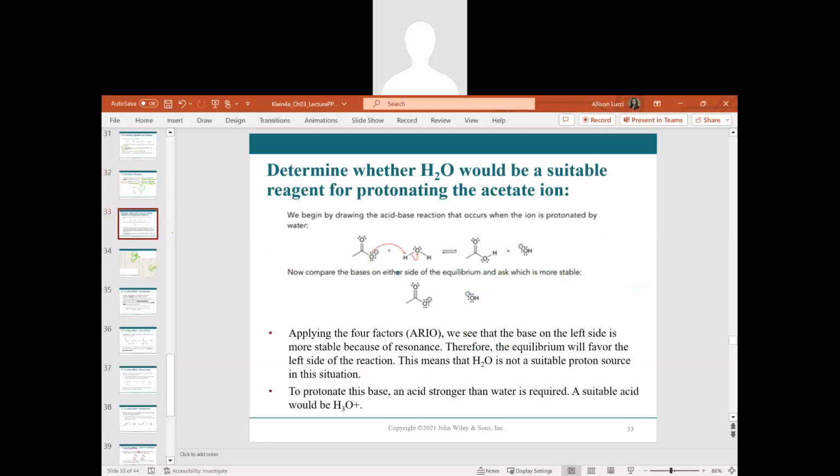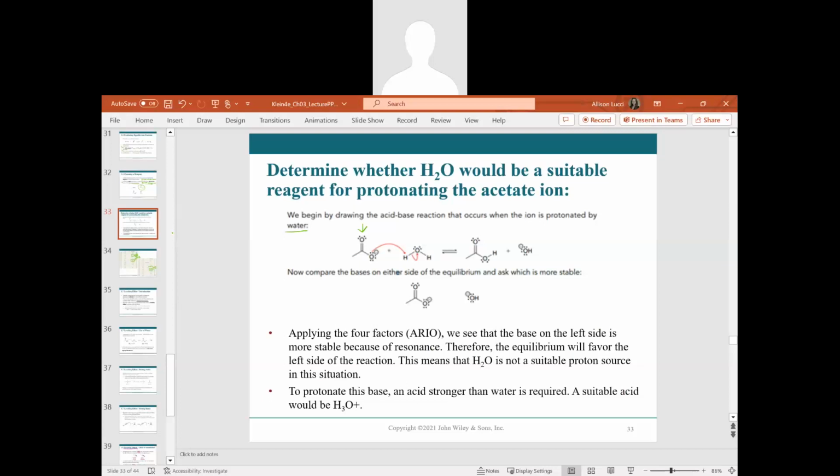We can begin by drawing the acid-base reaction that would occur, and we're going to check and see if water will be a suitable reagent to protonate this acetate ion. So here's our acetate ion, as we saw on the last slide, and all the lone pairs are shown.